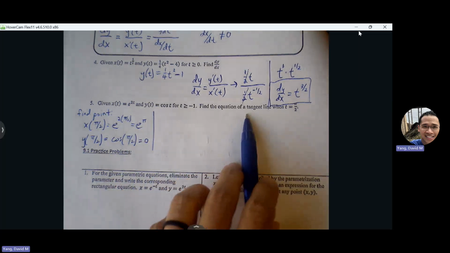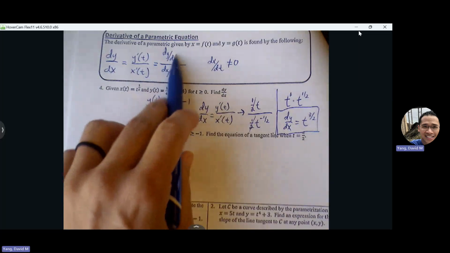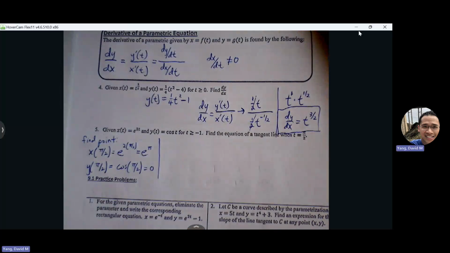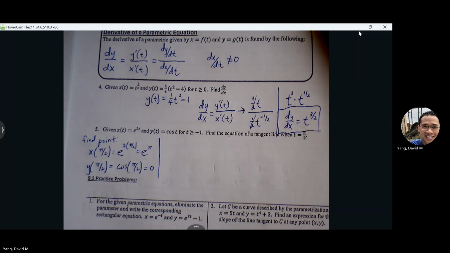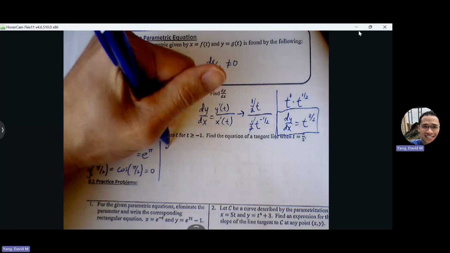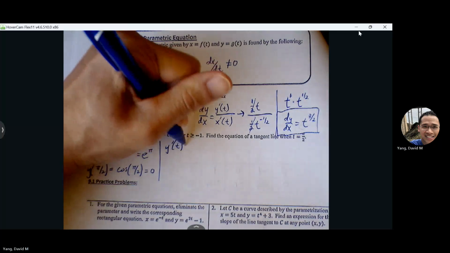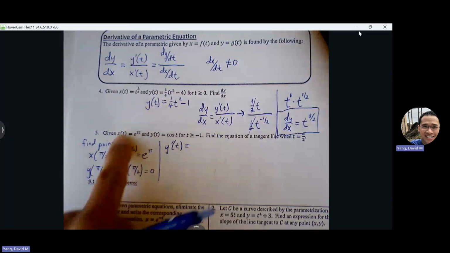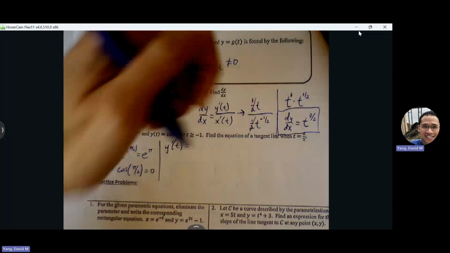Now let's find the derivative. To find the derivative, we'll find y prime, x prime, and then divide them by each other. So let's find y prime and x prime first, before we plug in the t. Y prime, just finding this component first. So y prime, cosine becomes negative sine.